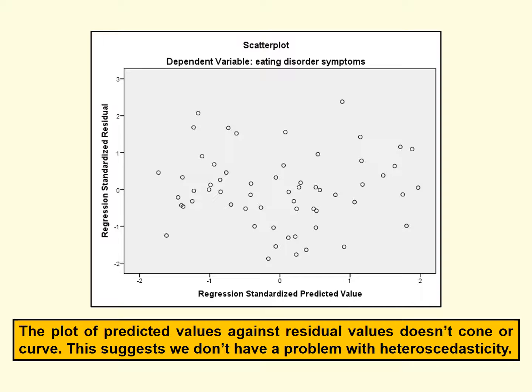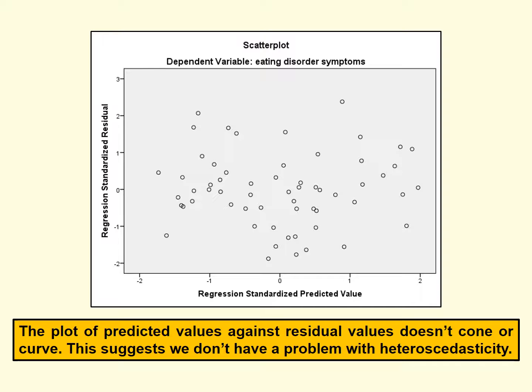What we're looking for here is evidence for whether or not the variability in the residuals is wider or narrower at different levels of prediction. Is it the case that, say, at low levels of our predicted variable, or low levels of prediction, we get a narrow range of residuals, and at high levels of prediction we get a really broad range, or vice versa?